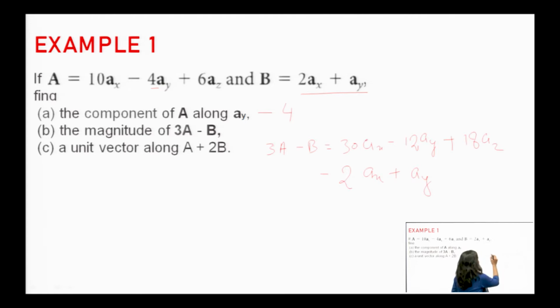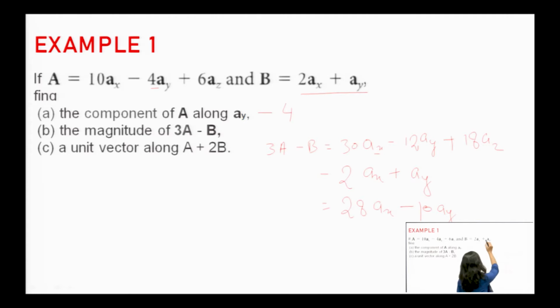So this is the subtraction of two vectors, this is one vector and this is another vector. Subtraction or addition will happen with similar components only. As for example, here 30ax is there and here 2ax, it means that the total final answer is 28ax minus 10ay.